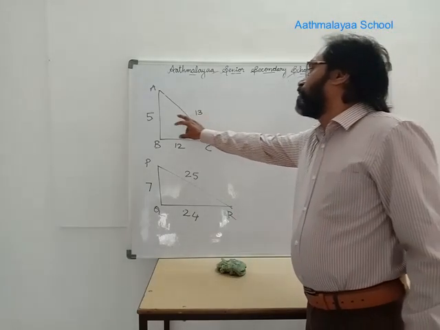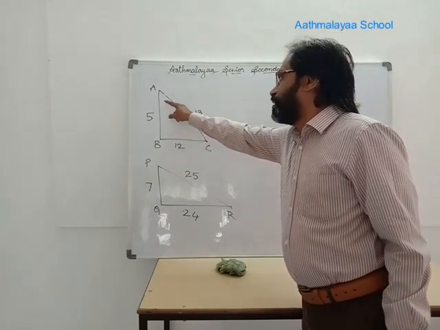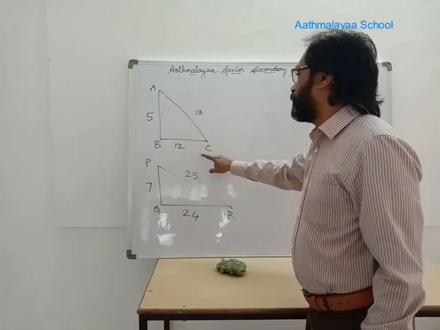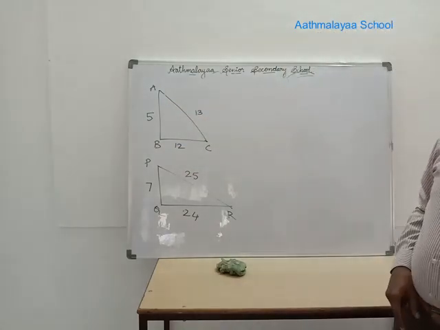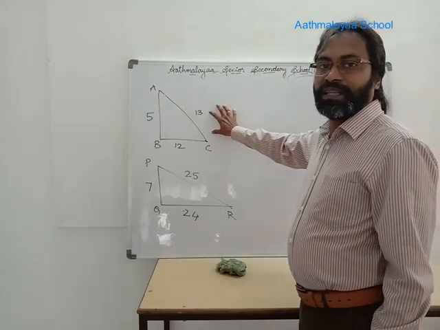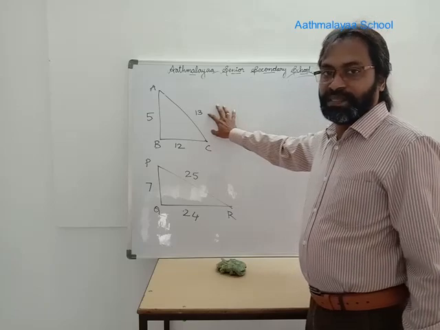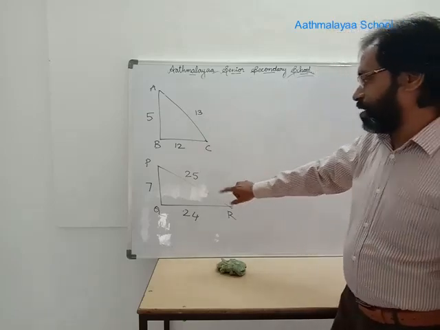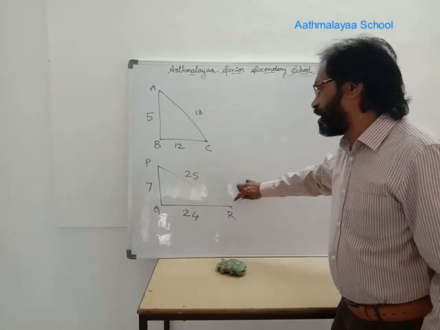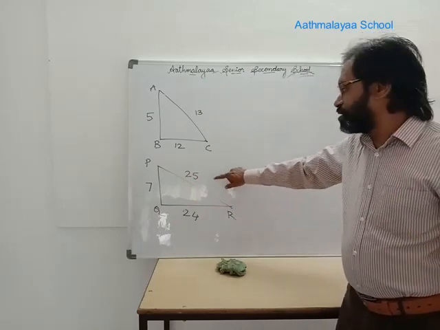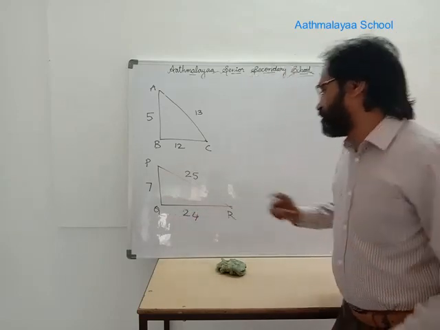Right. So in ABC we have the lengths. AB is 5, BC is 12, and AC is 13. Which is the biggest side? The biggest side is the hypotenuse, which is AC. In our case, it is 13. In the second example, we have PQR, and the biggest side is PR, which is the hypotenuse, and it is 25. PQ is 7, QR is 24.